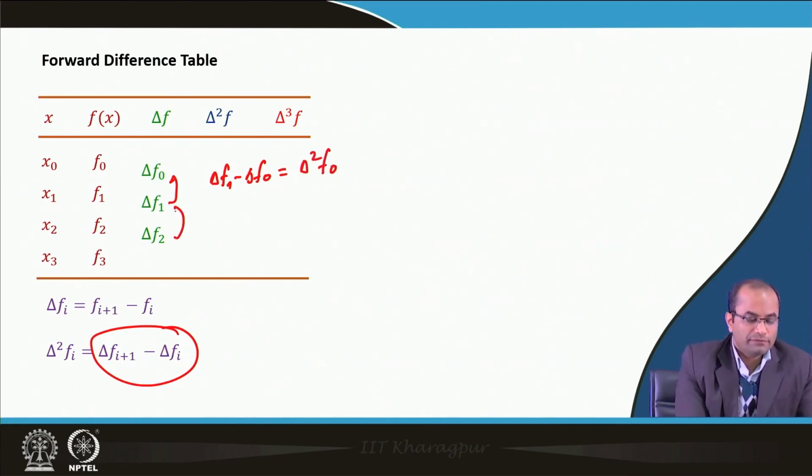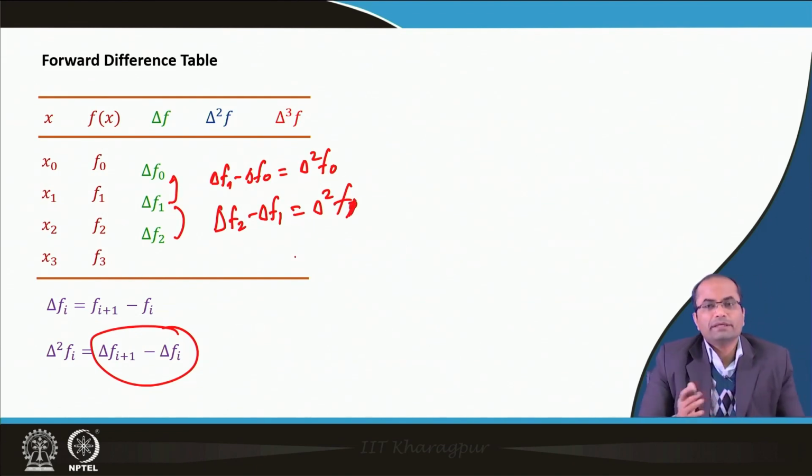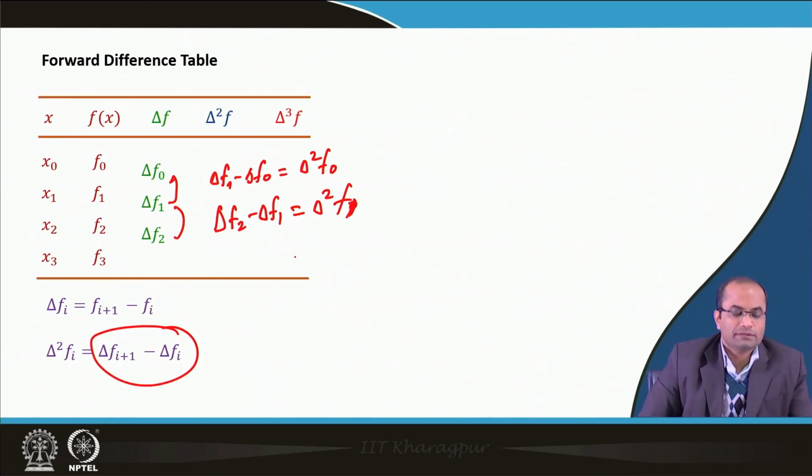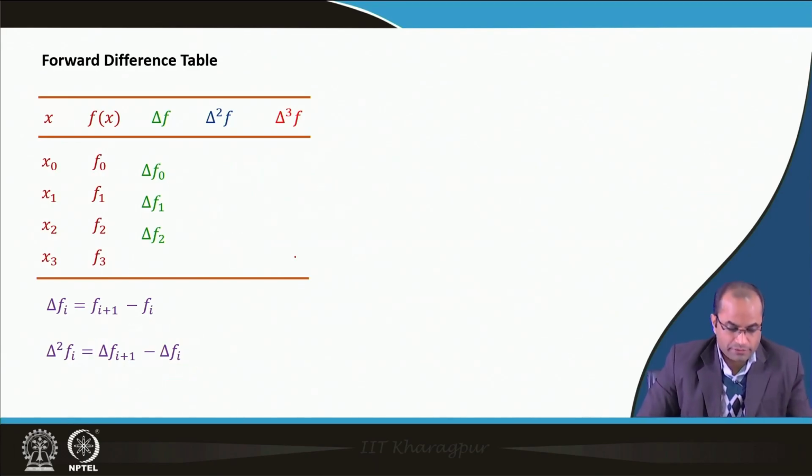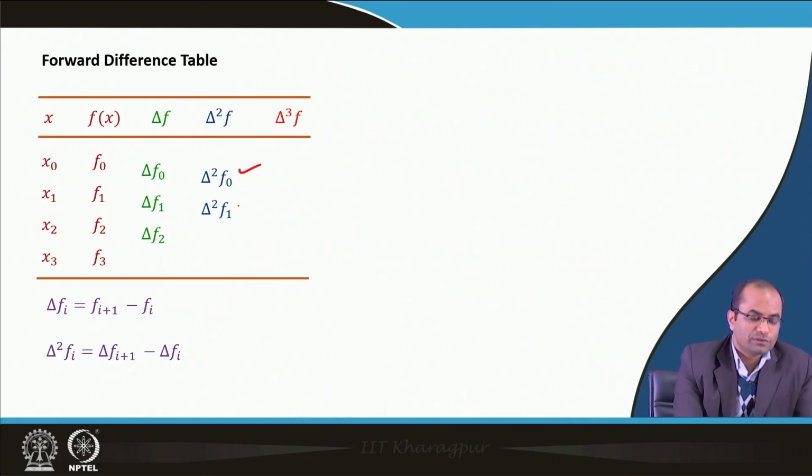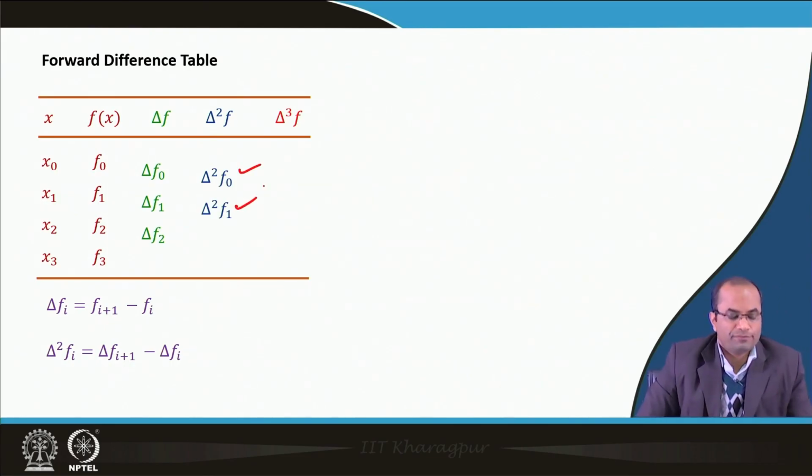And similarly, when we compute delta f 2 minus delta f 1, we will get delta 2 f 1. So, by repeating the same exercise we will get the second order differences, that means delta 2 f 0 and delta 2 f 1.